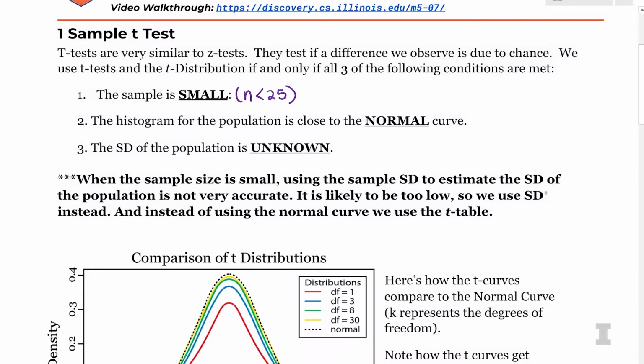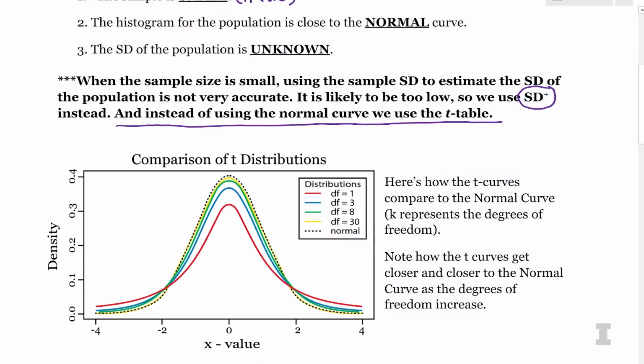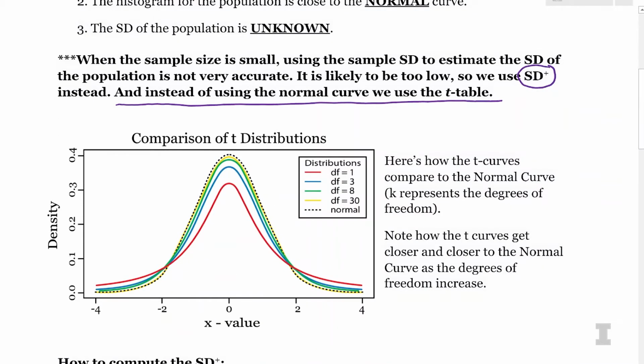So we're going to use something called the SD plus instead, which takes our sample standard deviation and makes it a little bit bigger. And then instead of using the normal curve, we're going to use the t-distribution and the t-curves. Here's how the t-curves compare to the normal curve. The normal curve is the dotted line here, and the t-curves change depending on the sample size.